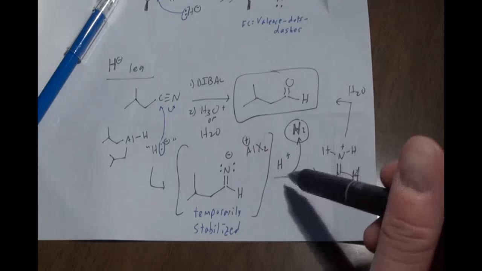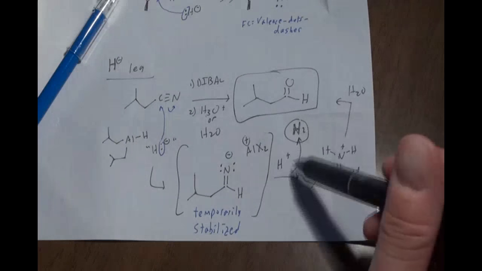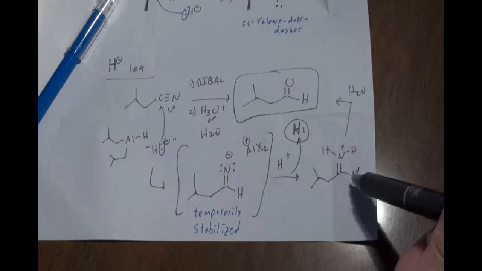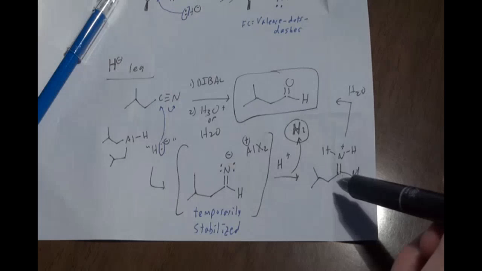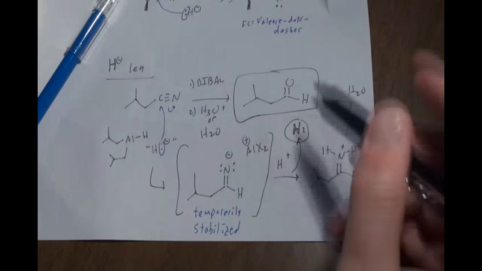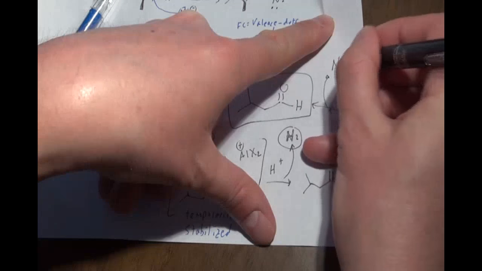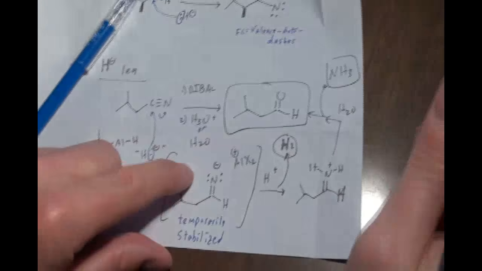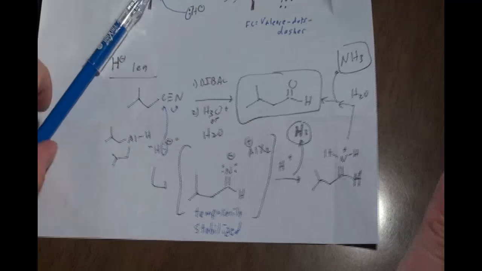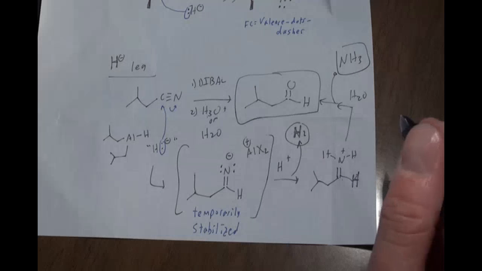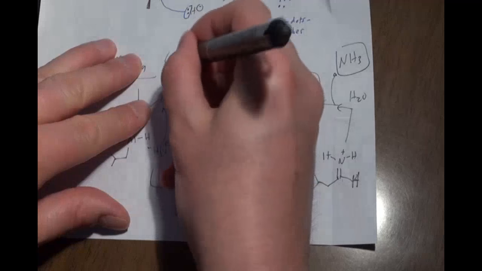Acid will cause degradation of the reducing agent. H minus attacks H plus, and then water attacks, proton transfer, make a good leaving group, kick off, and what's our byproduct here? It's an NH3. So there you go. That's the H minus one-equivalent reduction of a nitrile with DIBAL.